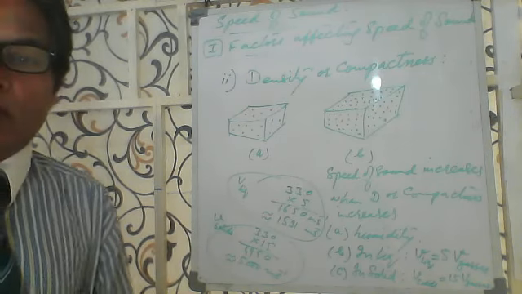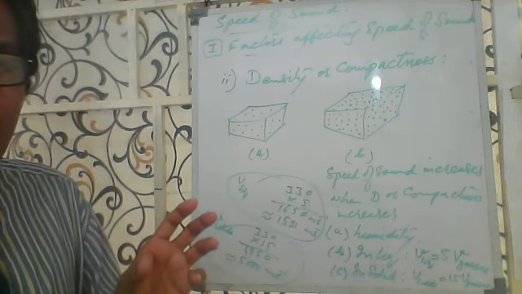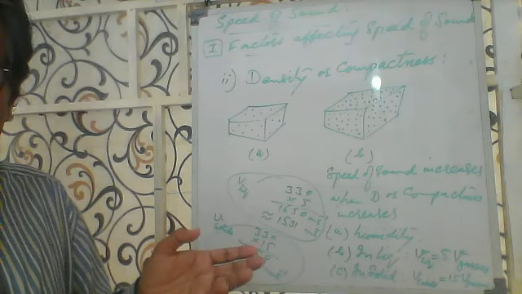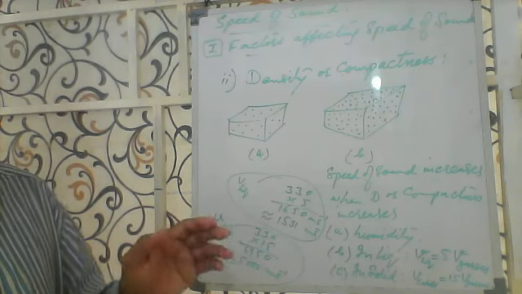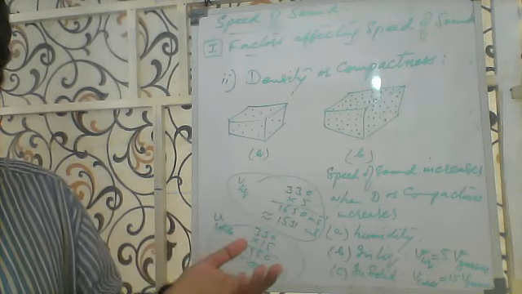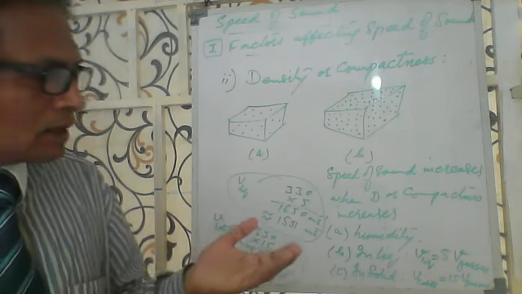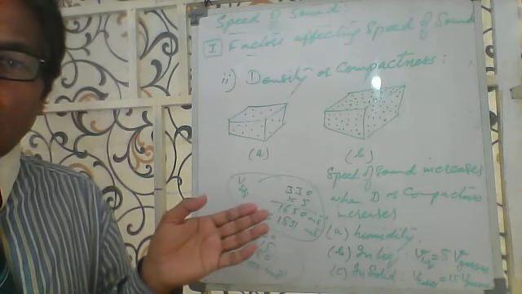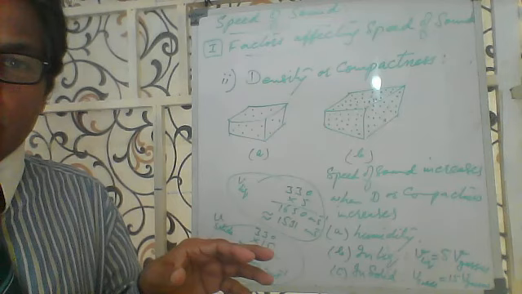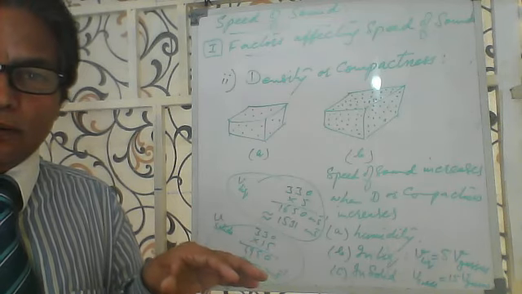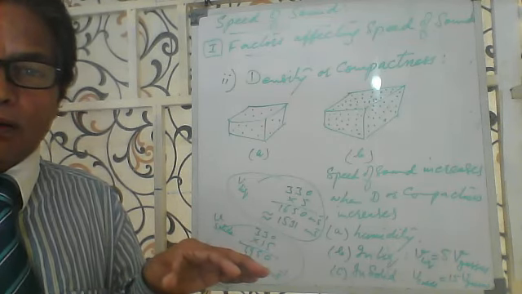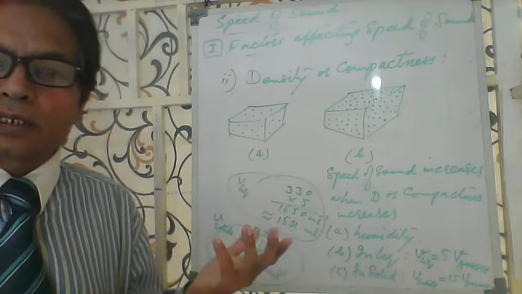But generally we use the word speed, even if you know that speed is a scalar quantity and velocity is a vector quantity. Basically, the speed of sound and speed of light doesn't mean that these are scalar quantities.